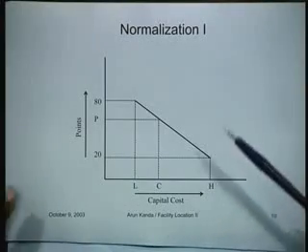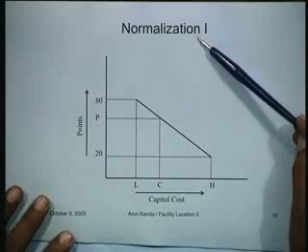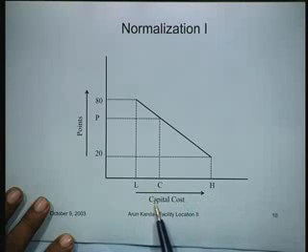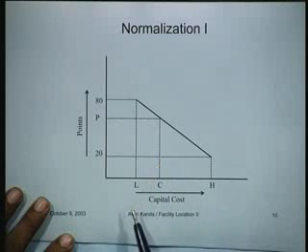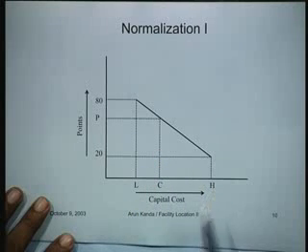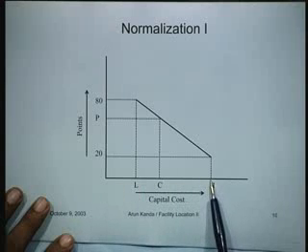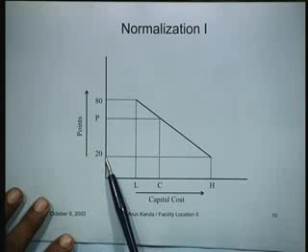Now, a word about normalization. What we mean in normalization is that depending upon the objective, suppose our objective is capital cost, and we have investigated a number of different alternatives, then the alternative which is the highest in terms of capital cost should be given the least marks, that is 20.